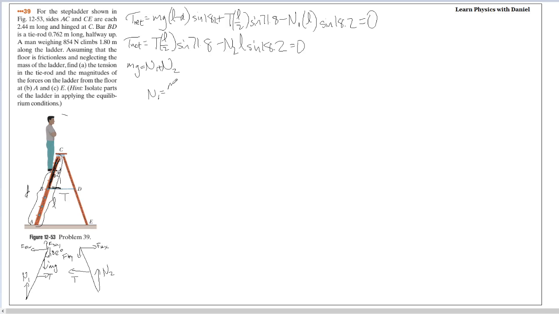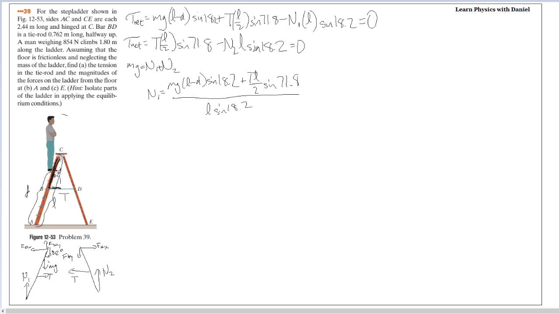And then that equation will look something like this. So if I write all this equation out, now we have a formula for N1. So all of that. These equations will get pretty big, unfortunately.